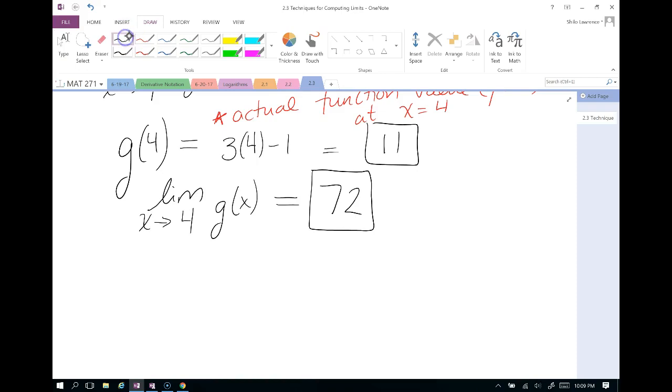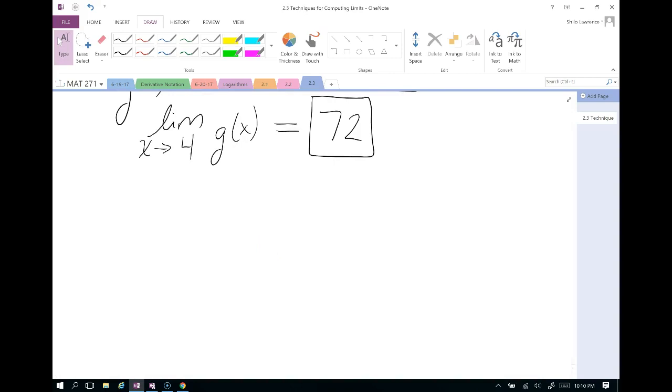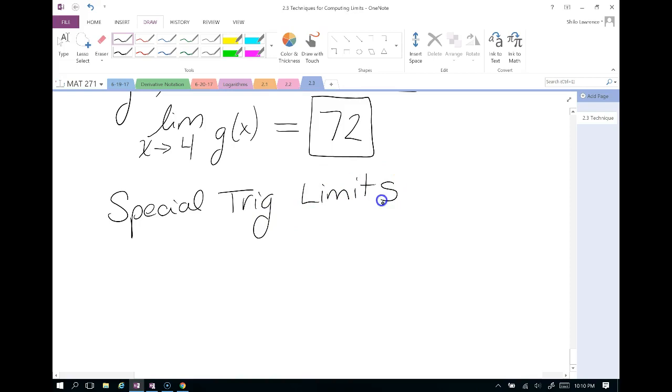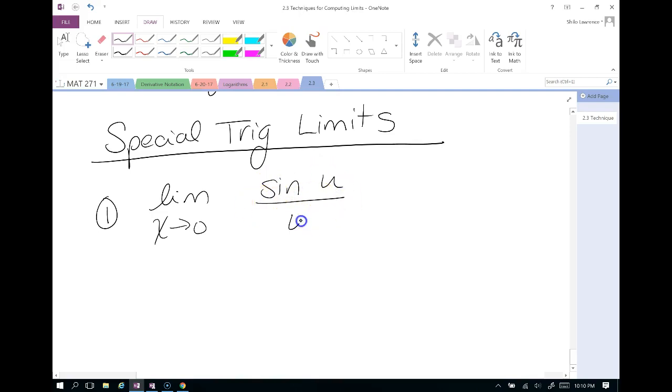So there are two limits that give us an indeterminate form that I can't exactly explain to you how to fix yet, and we just really need to memorize them. And these are special trig limits. The first one is the limit as x approaches 0 for sine of u over u equals 1. The reason I used u is because there could be anything in that spot.